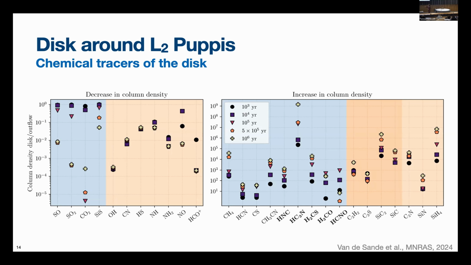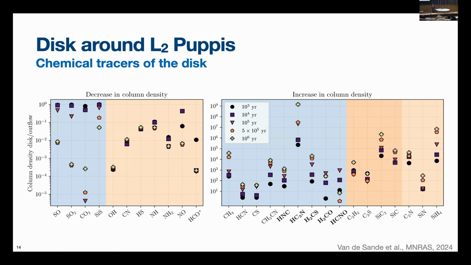But if you look at CN, at HS, NH, so species that are, well, observable, maybe not at HS, its column density decreases about 2 to 1 order of magnitude. And here on the right are all the species that show an increase in column density within the disk. I'd like to point out HC3N, so that's 6 to 9 orders of magnitude more that's floating around, but then all the species are like from 2 to 4 orders of magnitude, such as SiC2 that I showed previously.